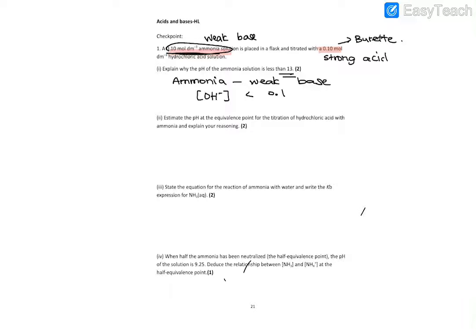This is the concentration of the base, but the concentration of OH minus is going to be less than that because it is a weak base, so it dissociates only partially, which means that the pOH that we calculate is going to be greater than 1. And because pOH is greater than 1, this means that pH is going to be less than 13.